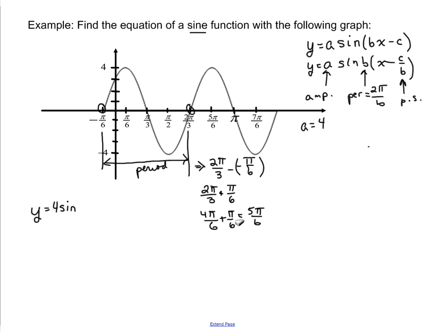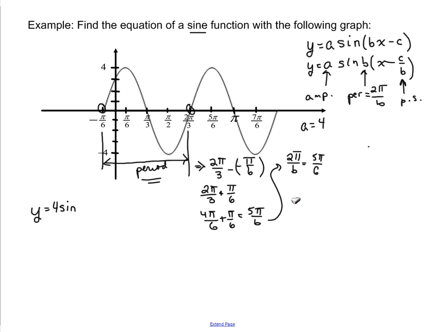All right, well, we've got the period. The question is, how do we get that actual value of b? Well, now, we're almost there, right? We would say that 2 pi divided by whatever value b is will be equal to 5 times pi over 6.